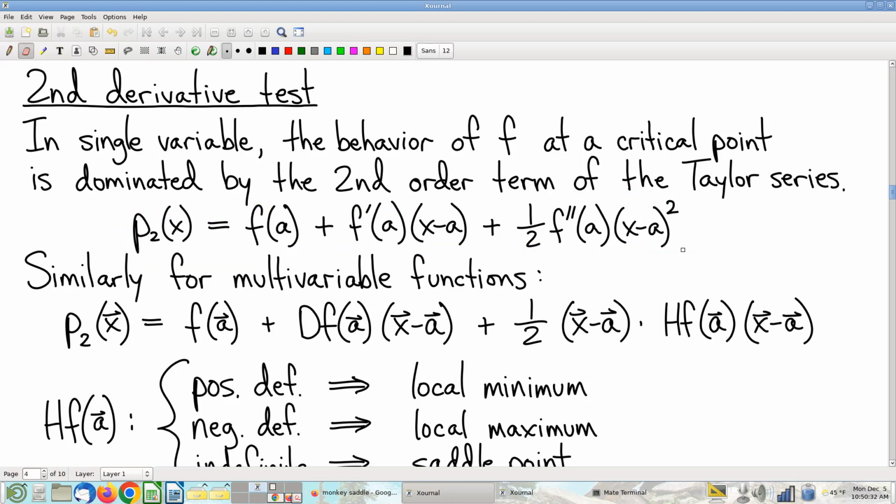Right? And so if you're at a critical point, that means the derivative is 0. Well, it could be an endpoint. Anyway, for the critical points for which the derivative is 0, this whole term goes away, right? And don't forget that this first term is just a constant.